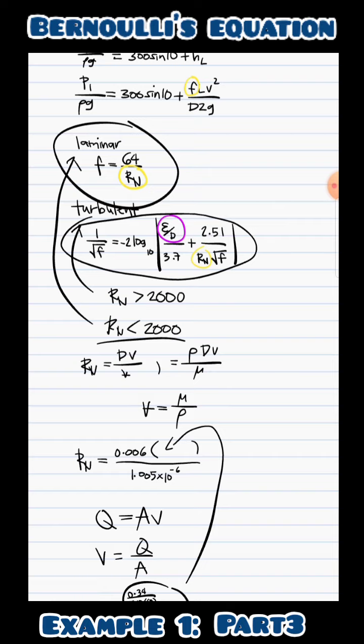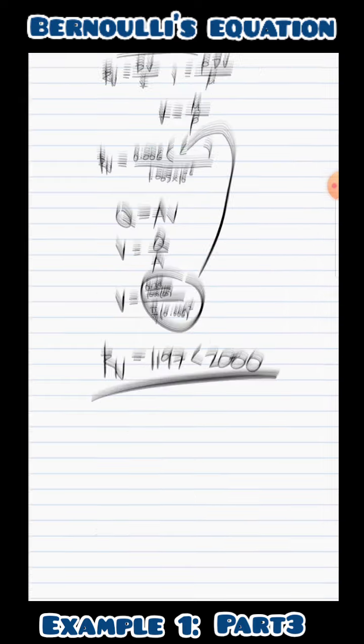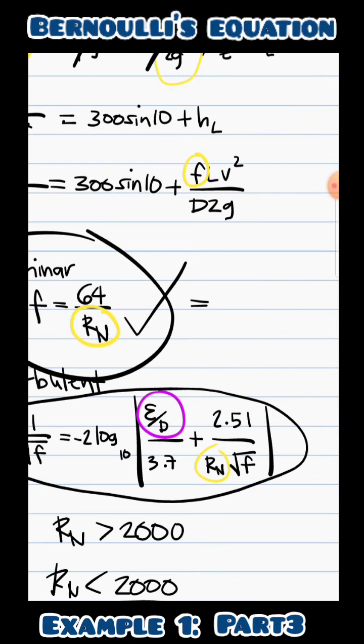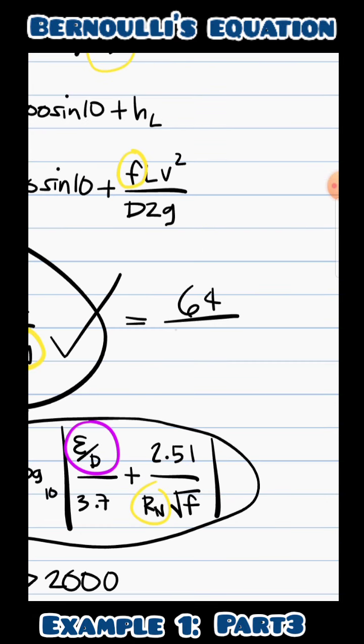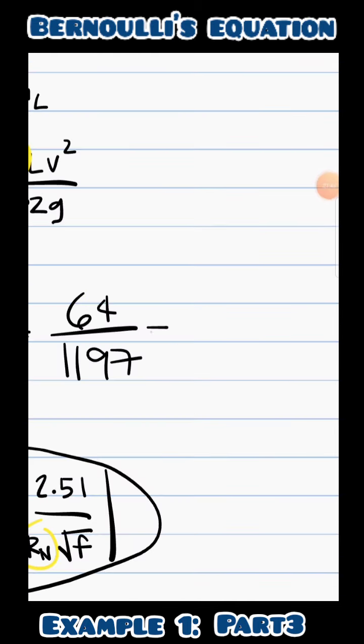Since this flow is laminar, we're going to use this to find F, and we already know the Reynolds number, which is 1197. Right away we can solve for F as 64 over 1197, and that is 0.0535.